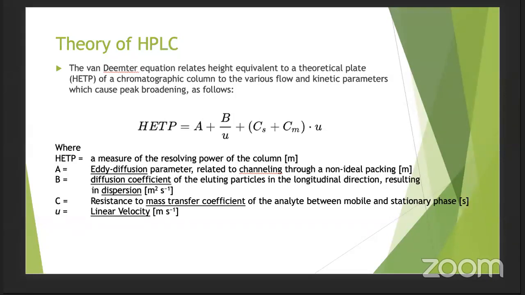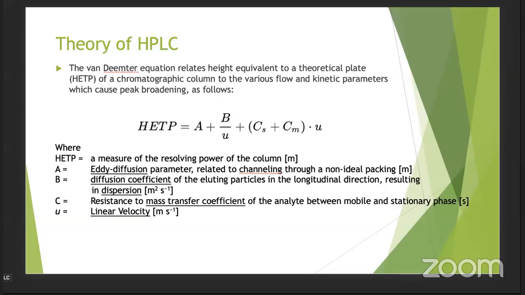So basically in the middle, the solution will run faster, whereas towards the wall, it will be slow. And in liquid phase, the diffusion is less, but in gaseous phase, the diffusion is more. Thus, this component will be negligible in the case of high performance liquid chromatography.